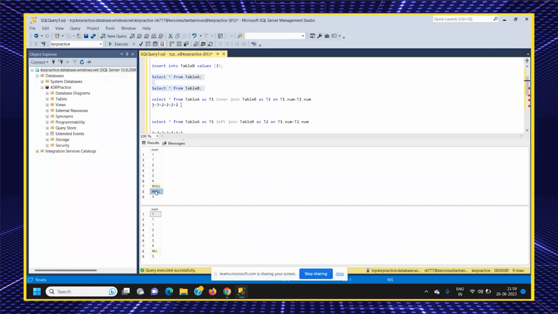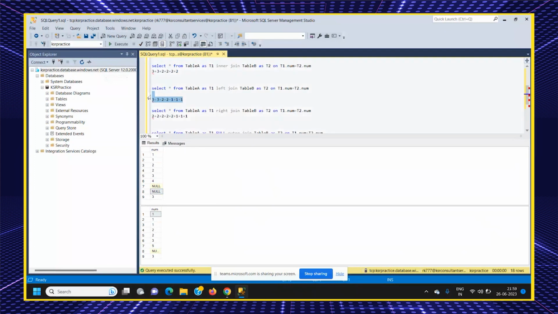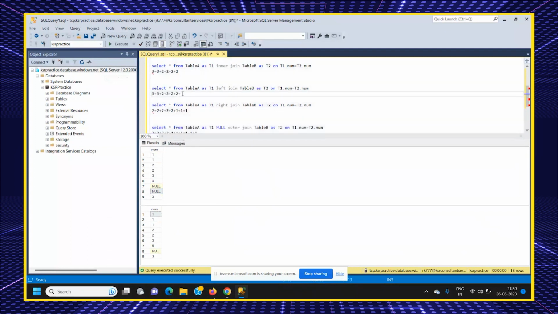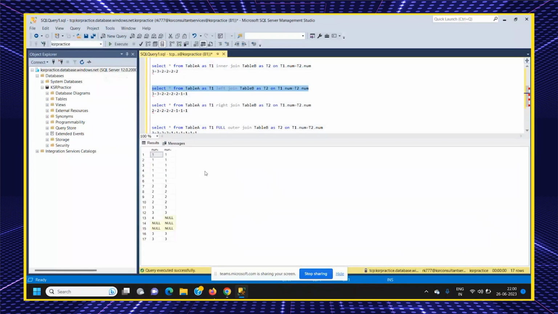So the count would be the same as inner join plus two additional nulls, so plus 1 plus 1. It would be 3 plus 3 is 6, plus 2 is 8, plus 2 is 10, plus 2 is 12, plus 2 is 14, 15 and 16. So there would be 16 records in case of left join.